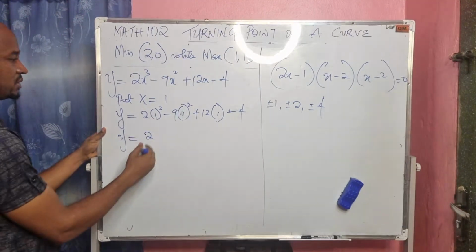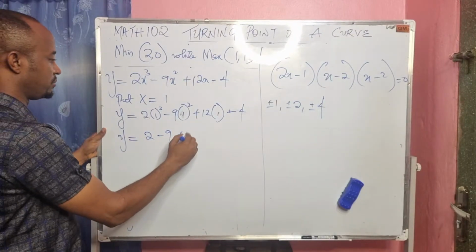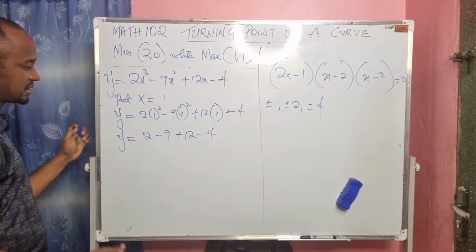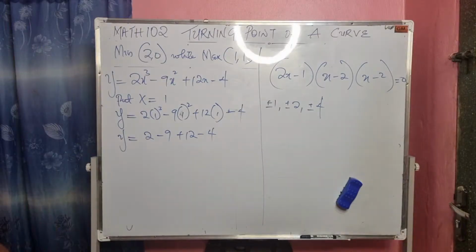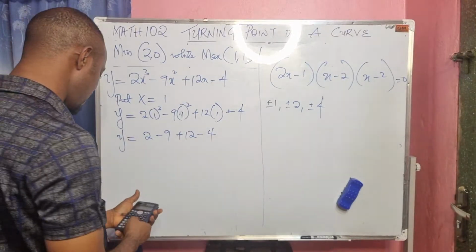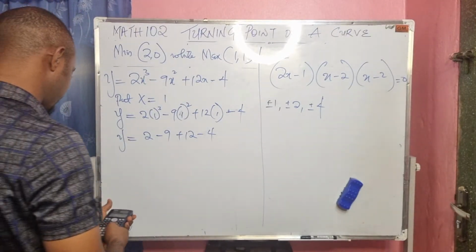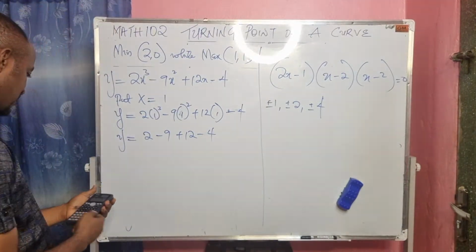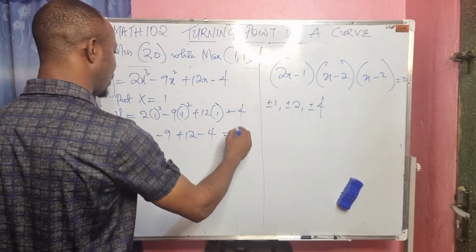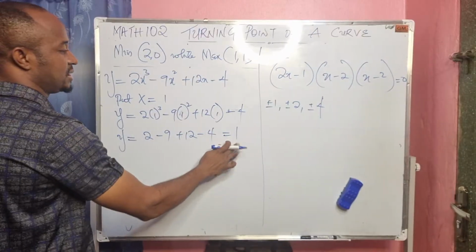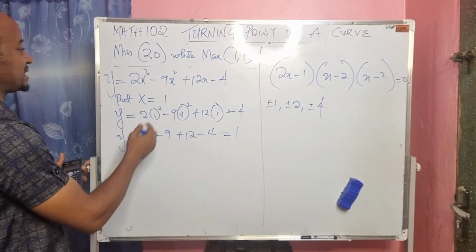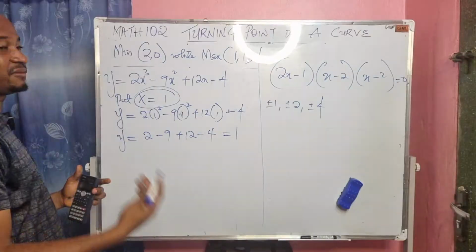Here we have 2 minus 9 plus 12 minus 4, right? 2 minus 9 is minus 7. Minus 7 plus 12 minus 4 we have here as 1. Since the result is not equals to 0, it means that x equals to 1 is not a factor.